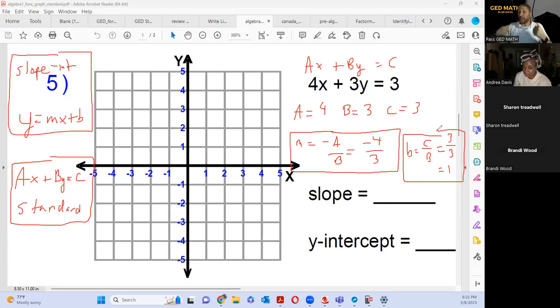So the first thing I'm going to do, what's easy, is the y-intercept. You go to 1, where it crosses the y-axis. That's the easiest thing, because it's called the y-intercept.